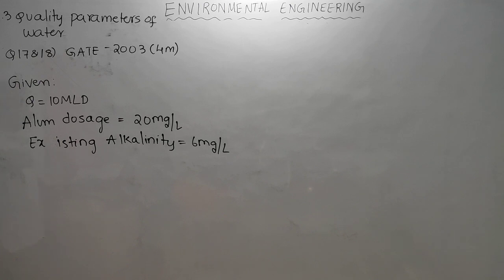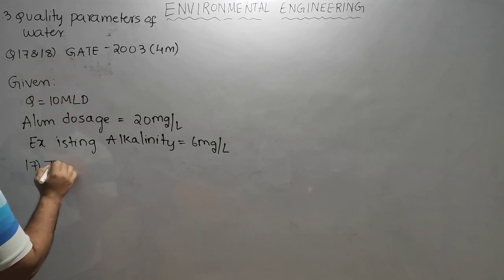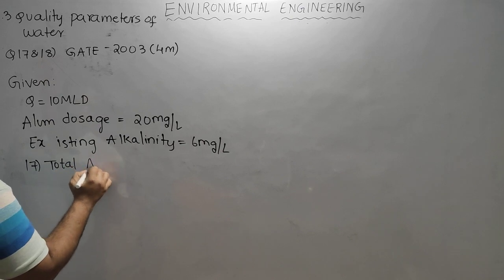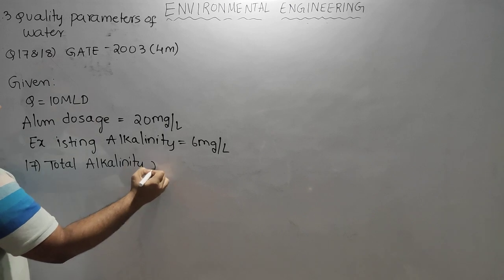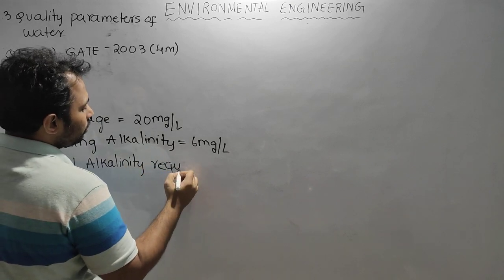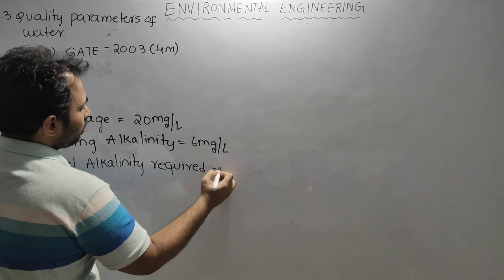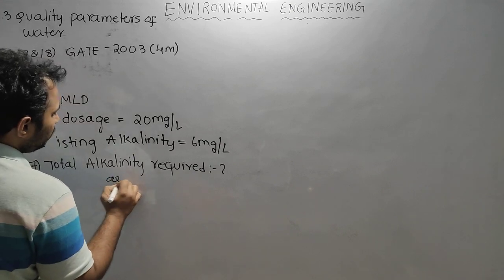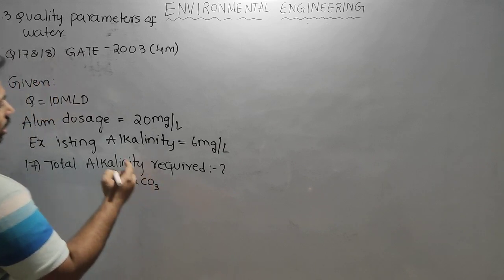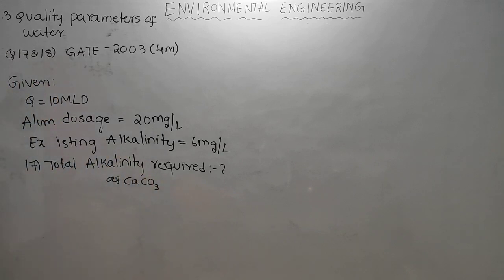The 17th question is the total alkalinity required. Here the total alkalinity is asked as CaCO3, and the existing alkalinity is also as CaCO3.